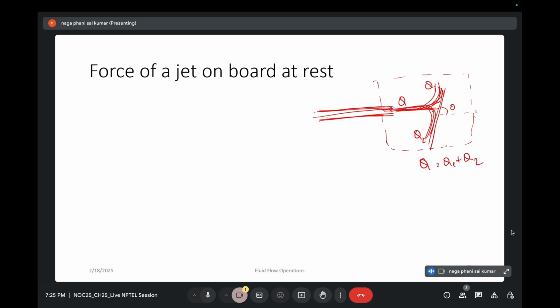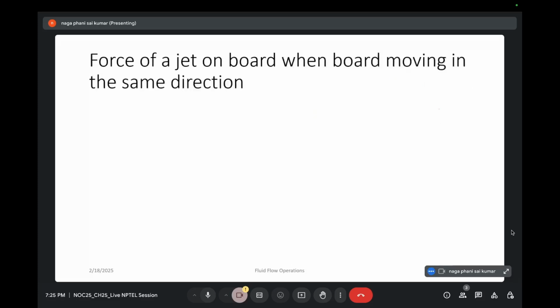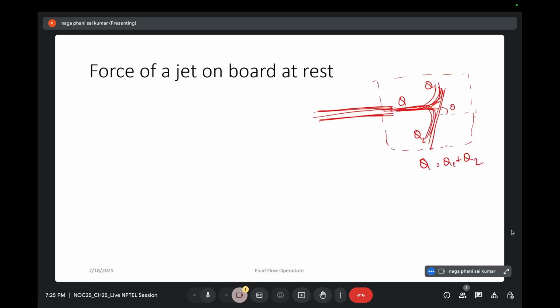Whenever the water is hitting the inclined wall, it will be exerting a certain force on it, which will have Fx and Fy as its x and y components, horizontal and vertical components.